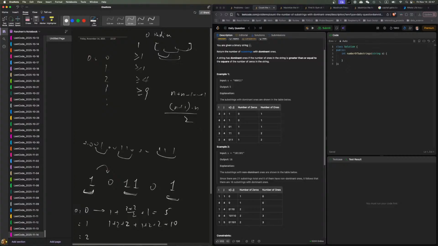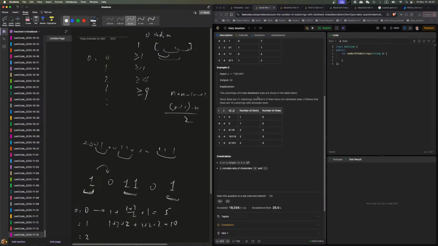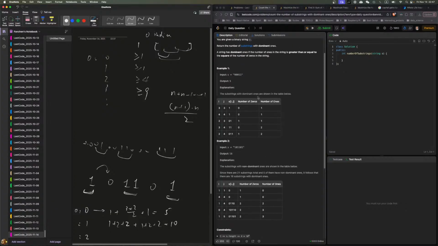Right, and now we have 3, and now we have 4. There's a chance that we might time out. S length is quite big.